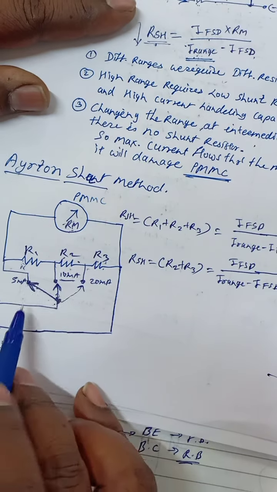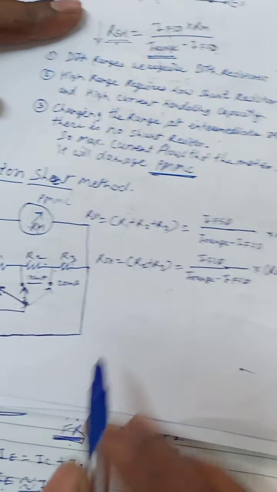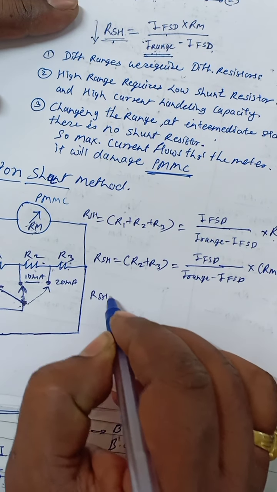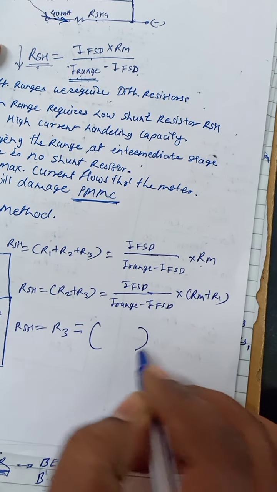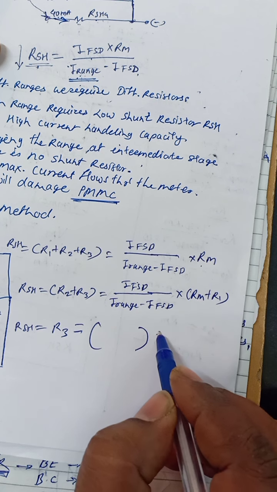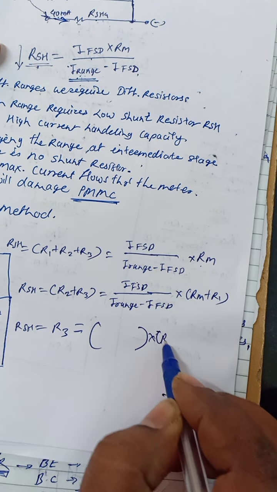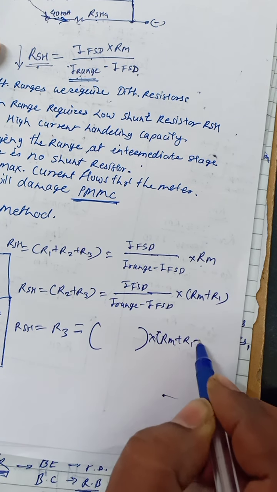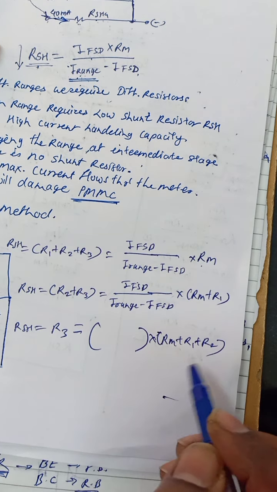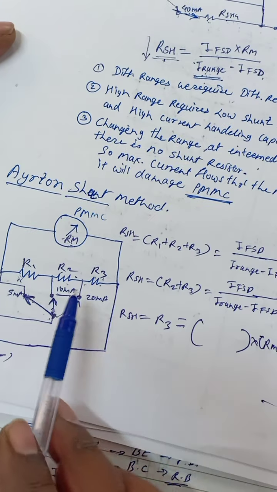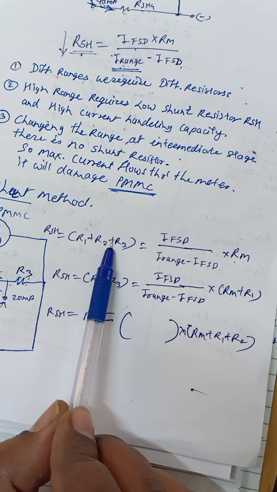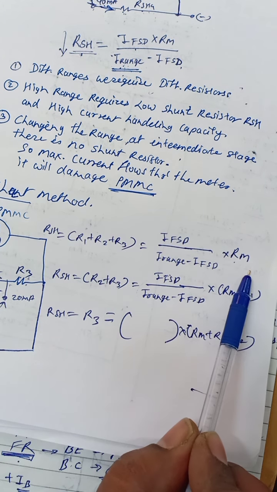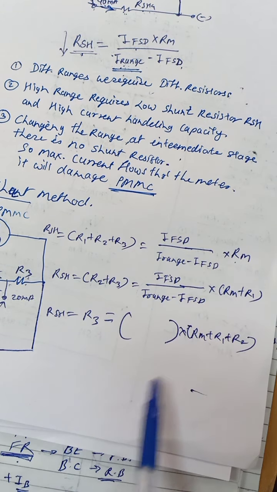Like that, when you select the third range, RSH is equal to R3, this factor remains the same, and now RM becomes RM plus R1 plus R2. It is not a mathematical thing like when a term is plus on one side it becomes minus if the side changes. It's not the case like this.